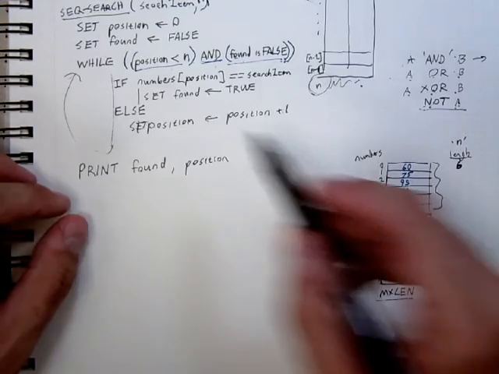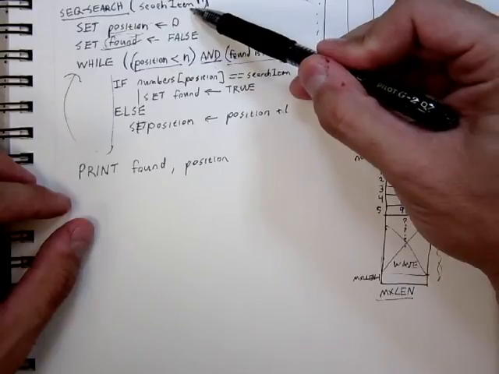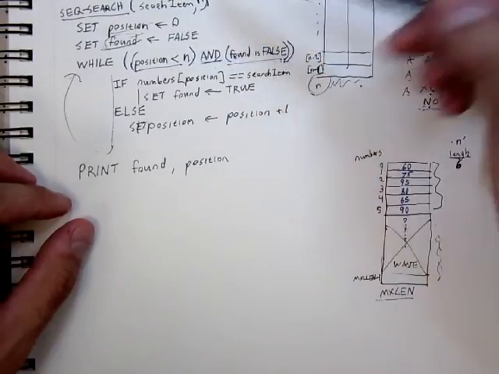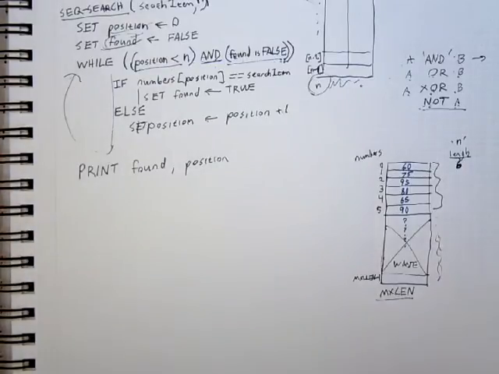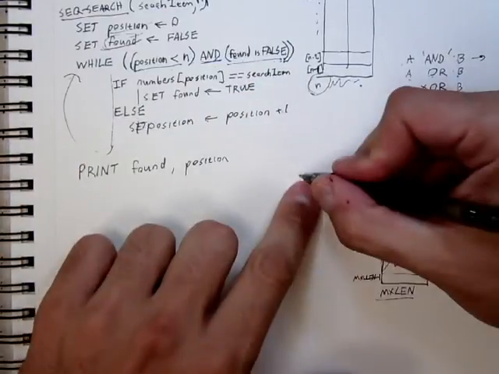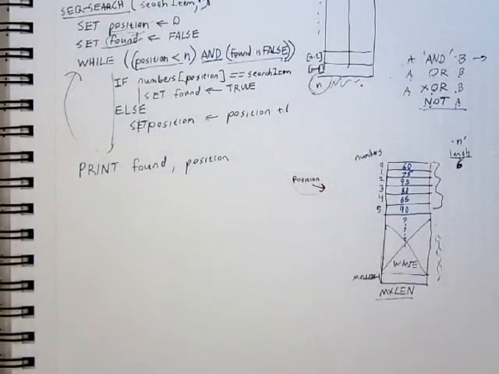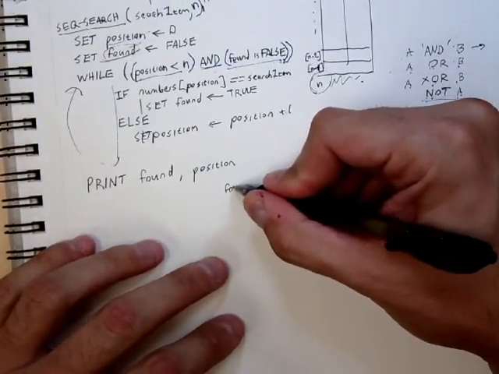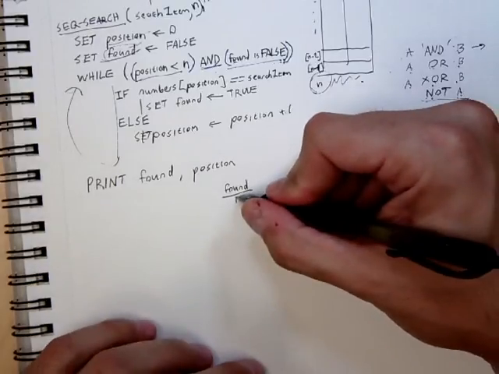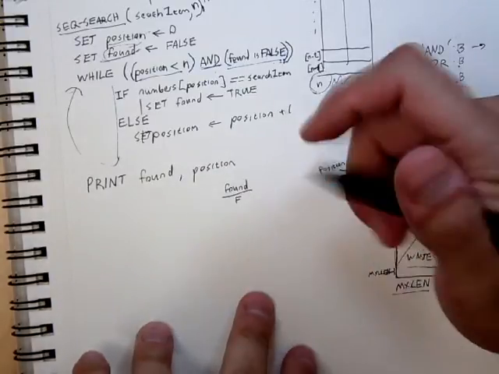So it looks like the variables are position, found, search item, and numbers. I don't need to write those down. Okay, so we've got position and found. So found is false, right? And position, I'll write it twice, as a number and as the arrow.